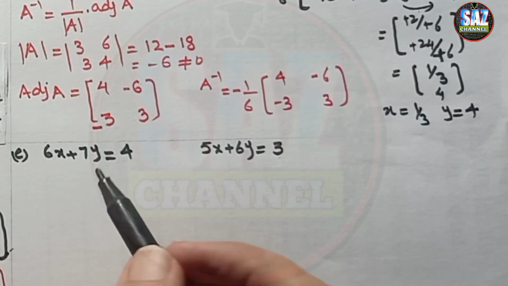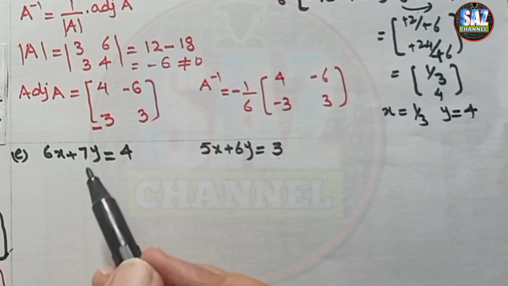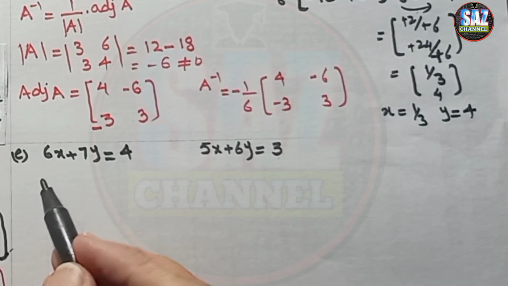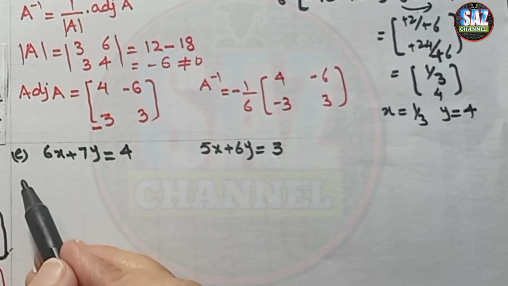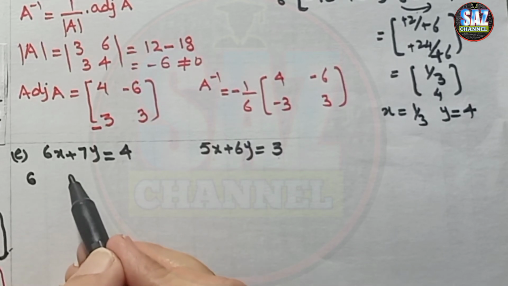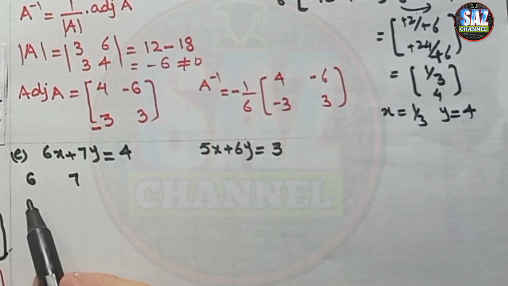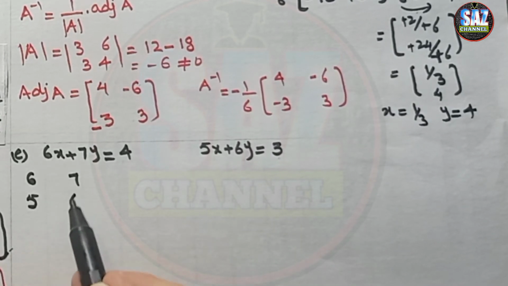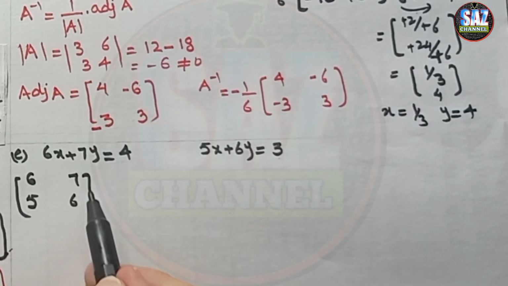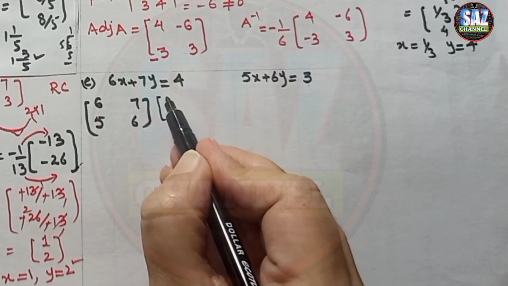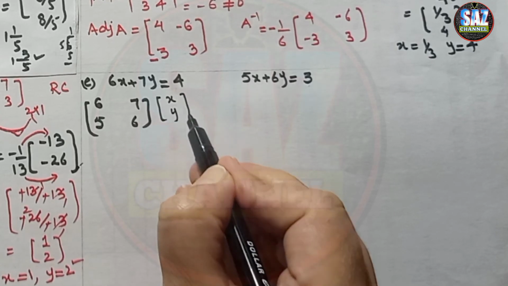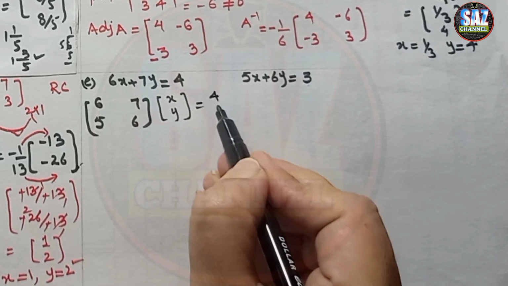First of all, we have to change these simultaneous equations into matrix form by writing the coefficient matrix, that's 6 and 7, and from the second equation the coefficients of x and y are 5 and 6, and then x y equals the constant matrix 4 and 3.